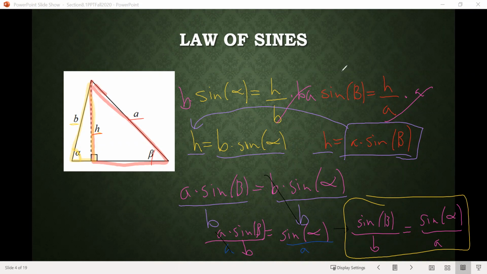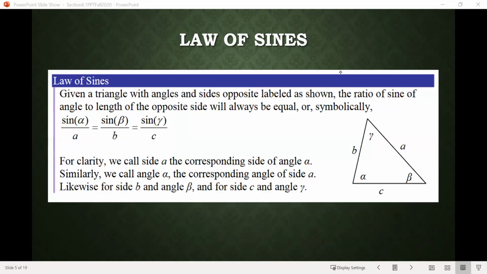All right, so let's take a look more at this, what we're calling law of sines, a little more generally. So here we're given a triangle, and in this case it doesn't matter whether it's a right triangle or not, with angles and sides opposite as shown. And in this picture we're looking at, they use the letters alpha, gamma, and beta to label the angles.